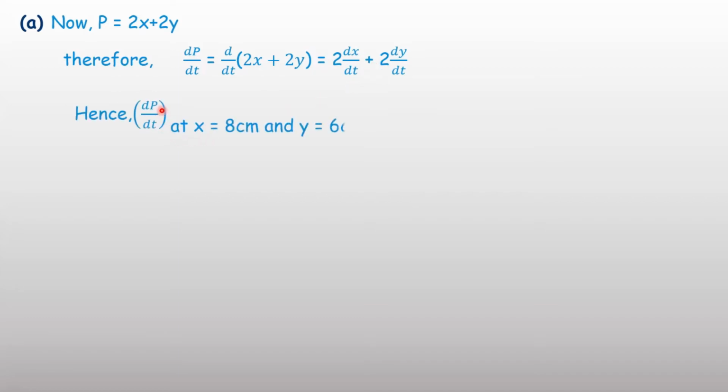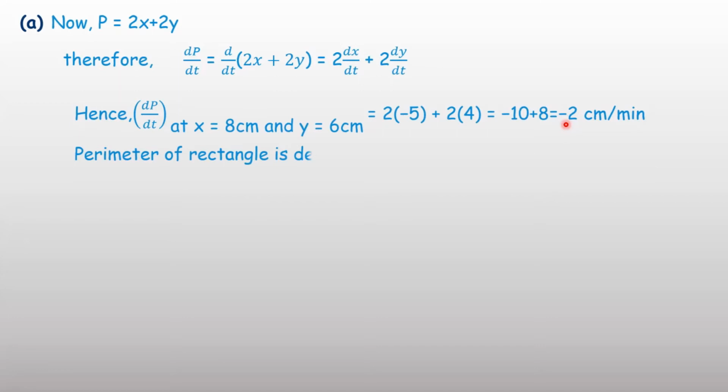Therefore, the rate of change of perimeter at x equal to 8 and y equal to 6 equal to 2, and the value of dx by dt is minus 5, dy by dt equal to 4, and after solving we get minus 2 centimeter per minute, and minus 2 represents it is decreasing at a rate of 2 centimeter per minute. Therefore we can write the perimeter of the rectangle is decreasing at a rate of 2 centimeter per minute.